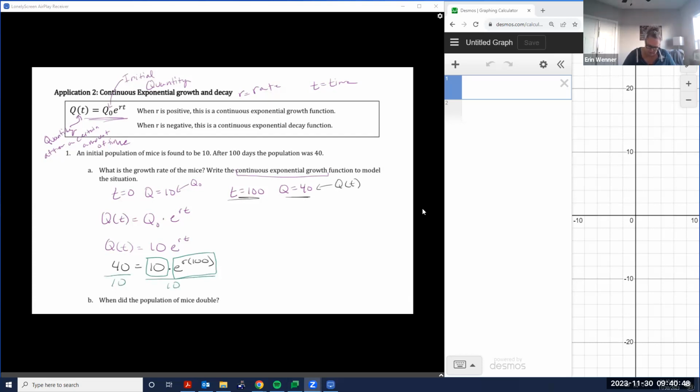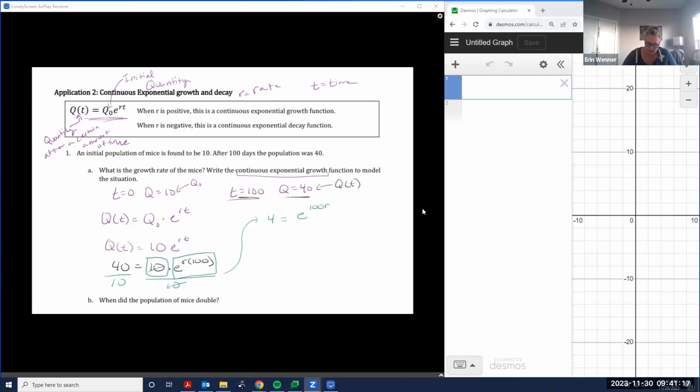So 40 divided by 10 is equal to 4. So now I have 4 equals e to the 100r. Now, we're trying to get to that exponent, right? And in order to get to that exponent, we need to switch it from exponential to logarithmic format.